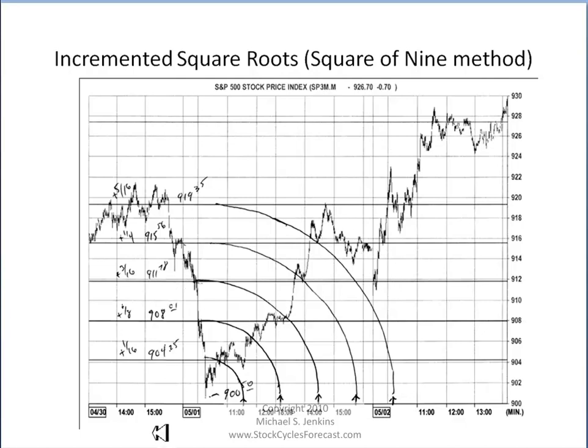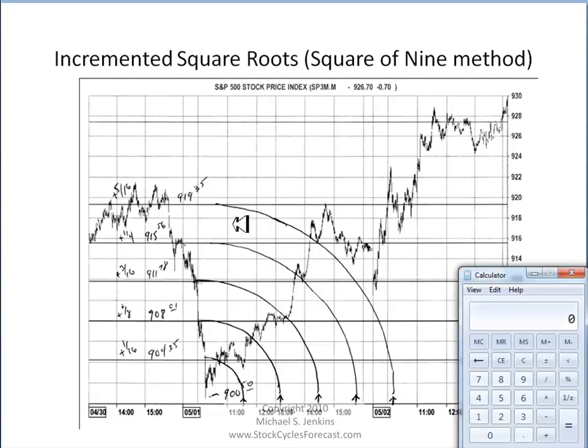You could also take a little computer program and do the square root of this, and say for x equal to the square root of this raised to a 16th a number of times, it will automatically give you these levels. Again, it's a very simple process here with a calculator.